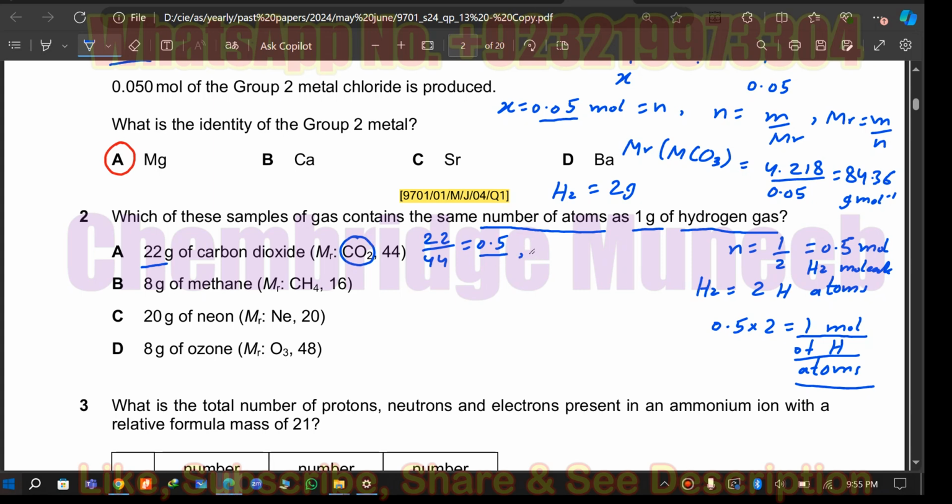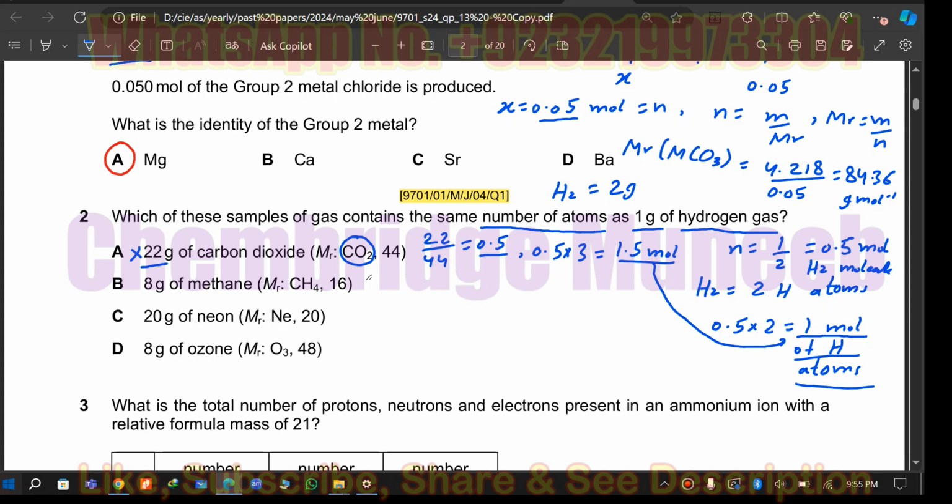So this 0.5 will be multiplied by 3 and the value will come out 1.5 mole. Now this 1.5 mole doesn't match with 1 mole of the hydrogen gas, so that's why A is not the right answer. Now let's move to the option number B, methane.